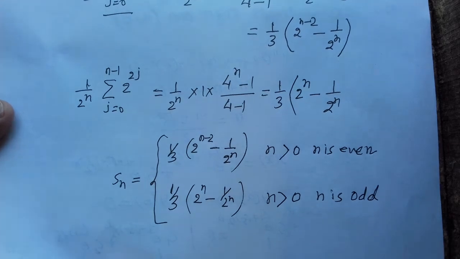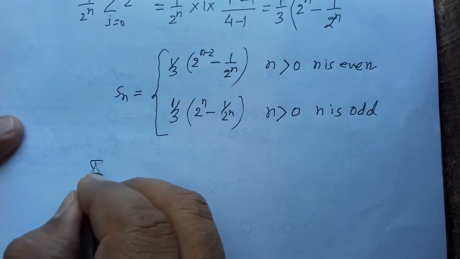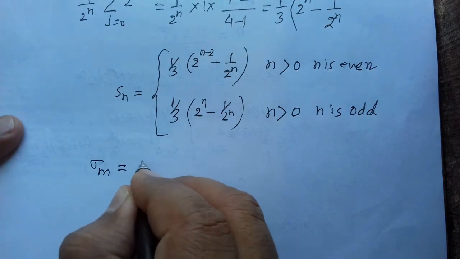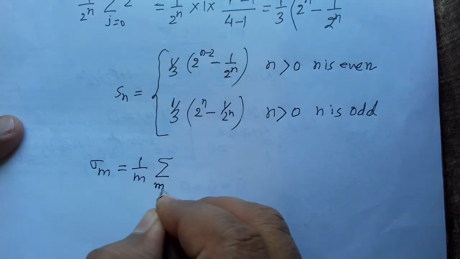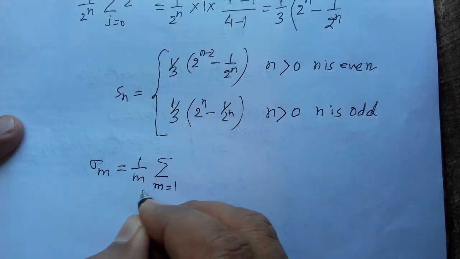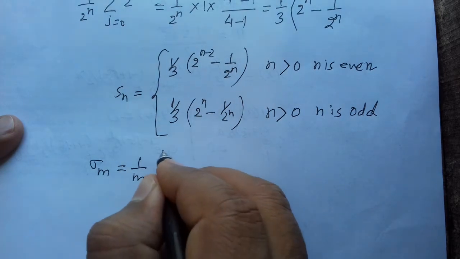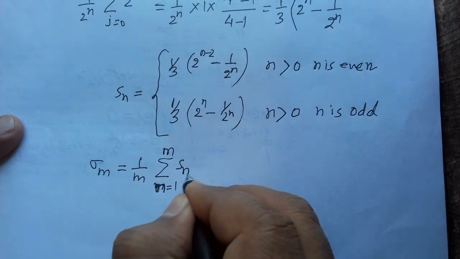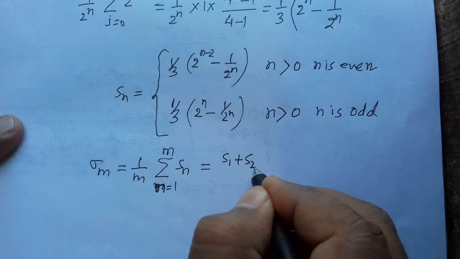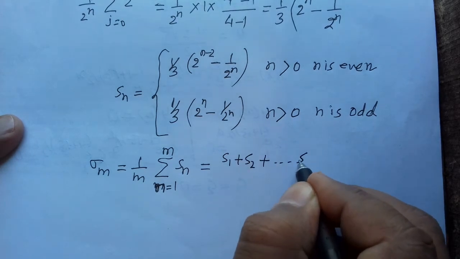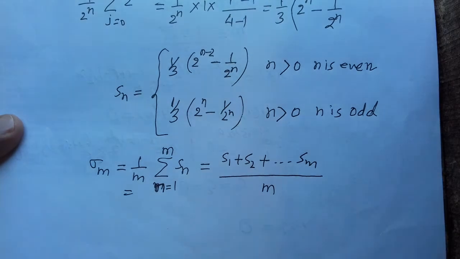Now we have to observe this in the question: 1 by m summation n equals 1 to m, and here is S_n. This means that we have to find (S1 plus S2 plus ... plus Sm) by m.